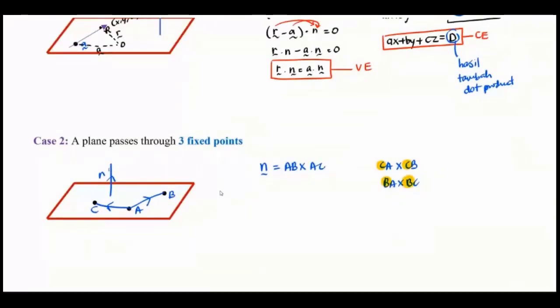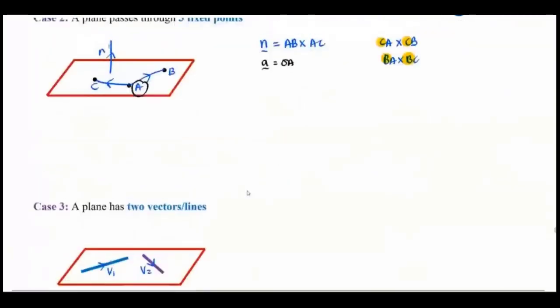Okay, so once we have it the N, so A kita akan pakai point A lah, this point. So A kita akan pakai OA. So directly kita akan substitute dalam VE dan juga CE. Okay, either one. Okay, that one case 2. Case 3 where we have it, a plane has 2 vectors or 2 lines.